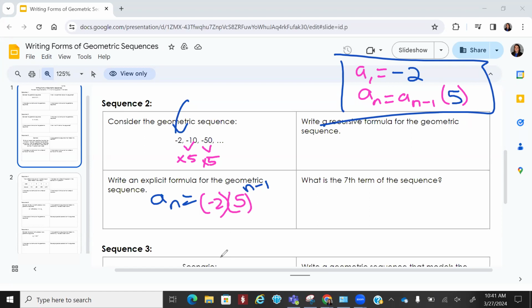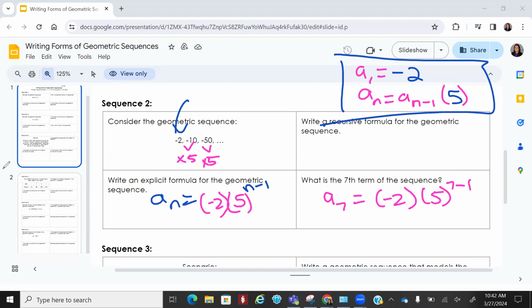So how do we find the seventh term? We're going to take the explicit and we're going to plug in 7 for n. Now, when I say the words plug in, what I mean is you're going to rewrite the formula with 7 in there for n. So watch. A sub 7 is equal to -2 times 5 raised to the 7 minus 1.